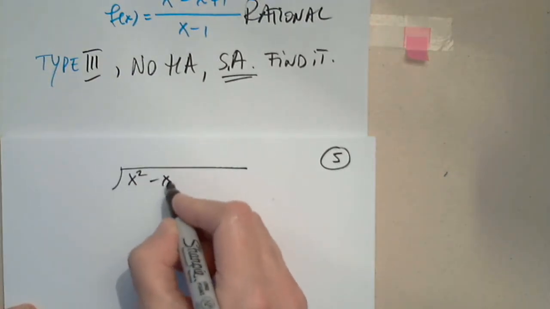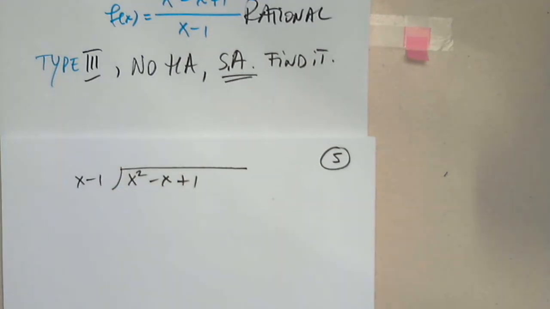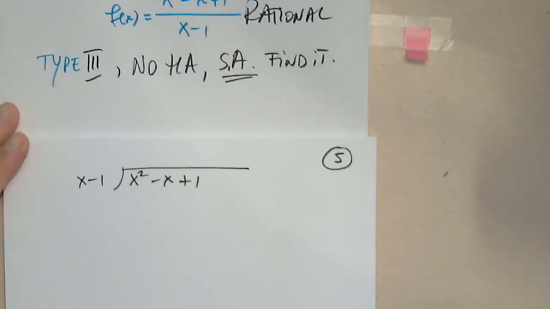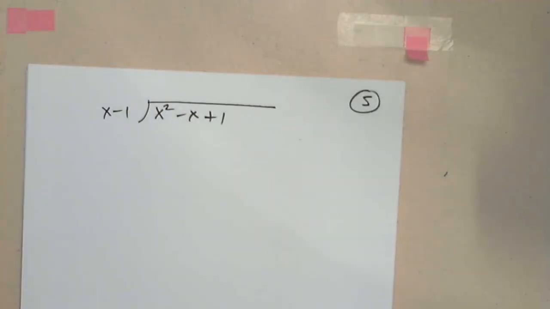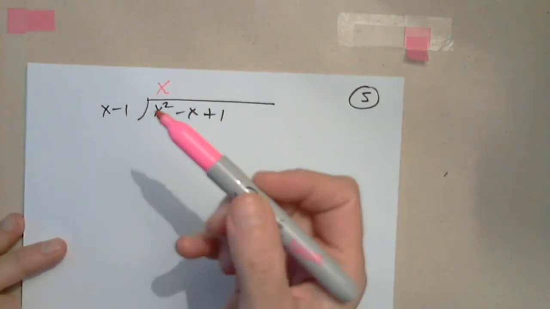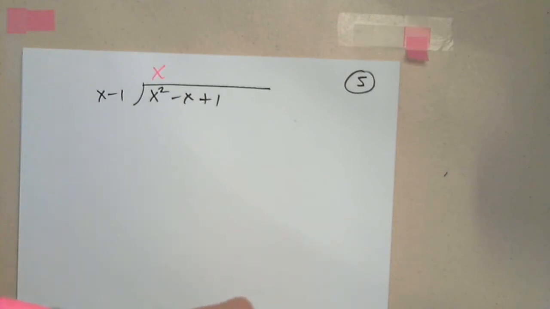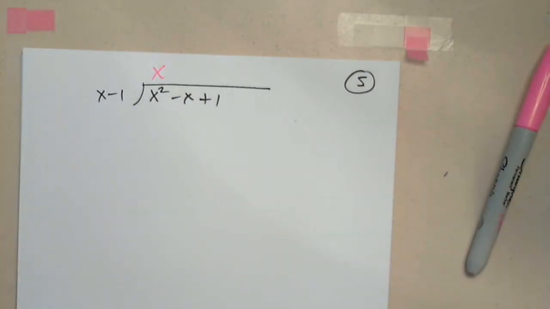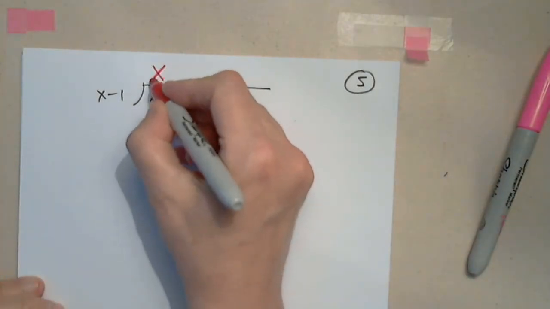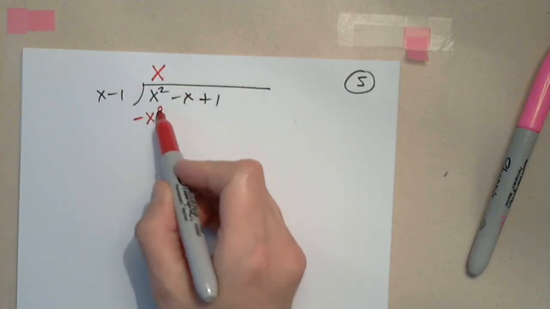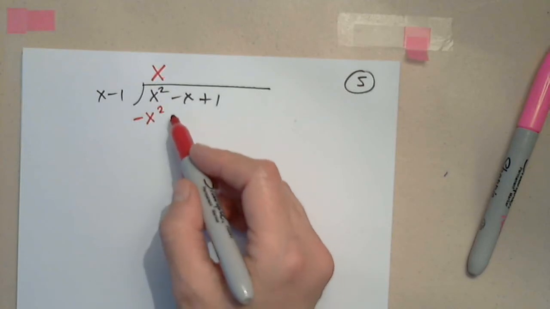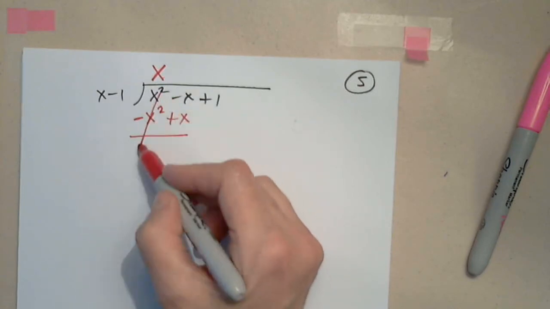So x squared minus x plus 1 and x minus 1. x times what is x squared? x. Yes, perfect. Can you see this color or not? Should I get rid of it? It's going to be okay. So x times x is x squared, and then negative x squared, negative x, but plus x.